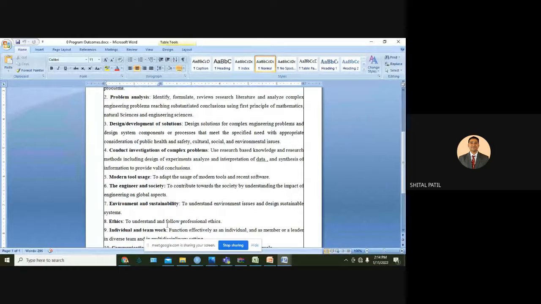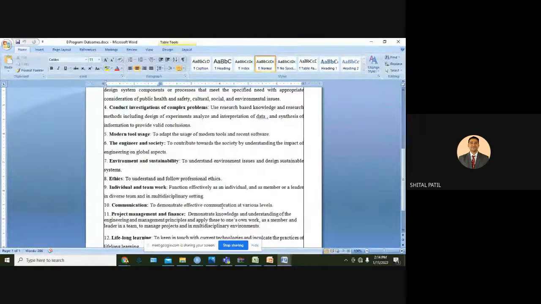Then whenever you want to work in any firm, start your own firm, work as an entrepreneur, or work in a government department, you should be able to work in a team, and whenever required, work as an individual. And while doing all these things, communication is very important.